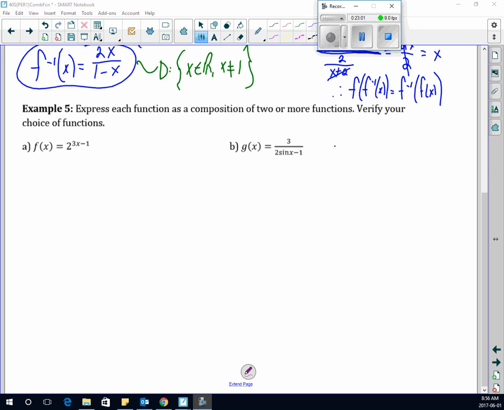Okay, so this one says express each function as a composite of 2 or more functions. Verify your choice. So they're saying this is my final function. How could I make it?